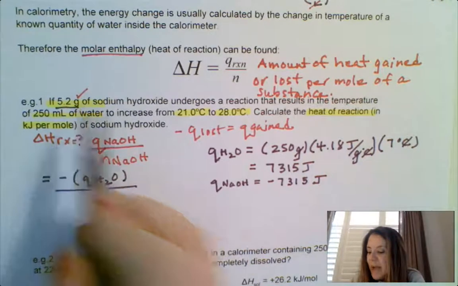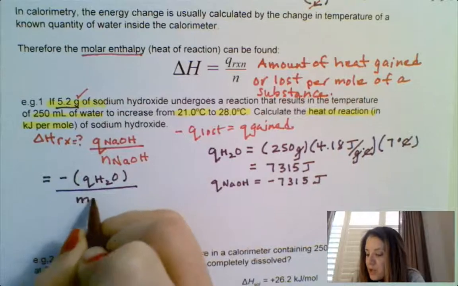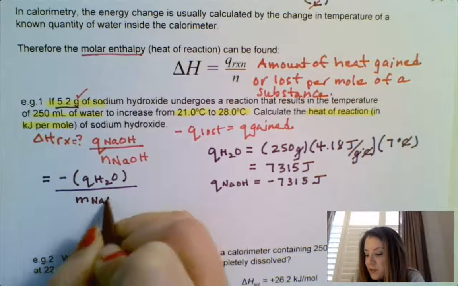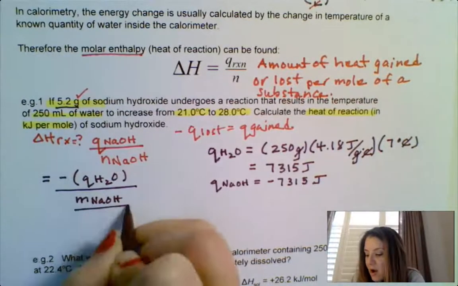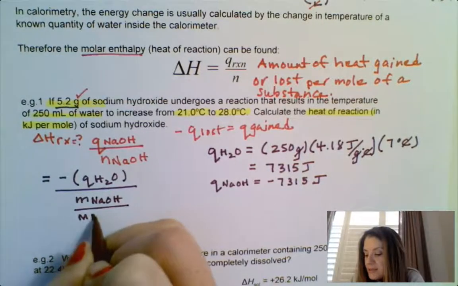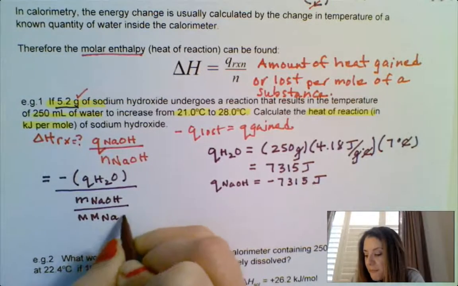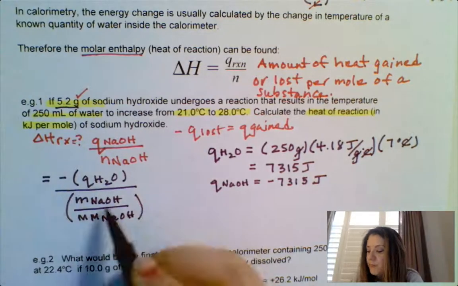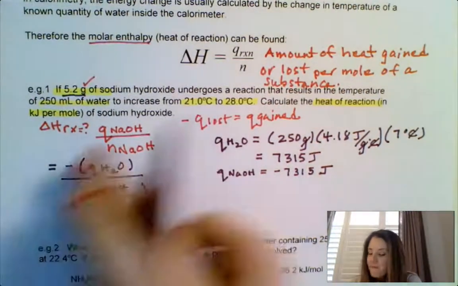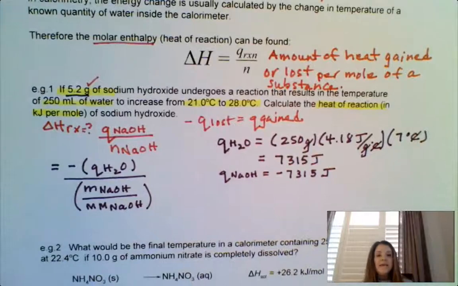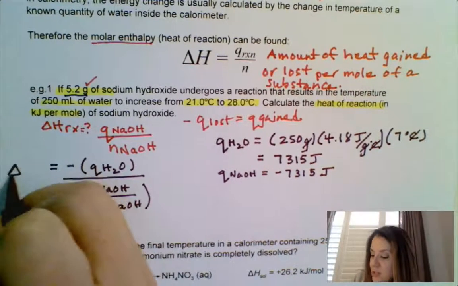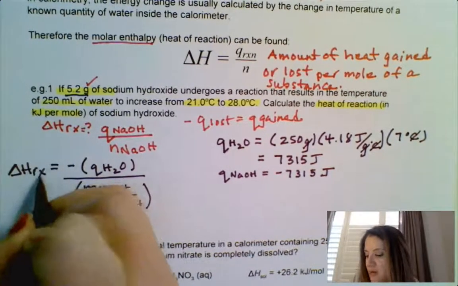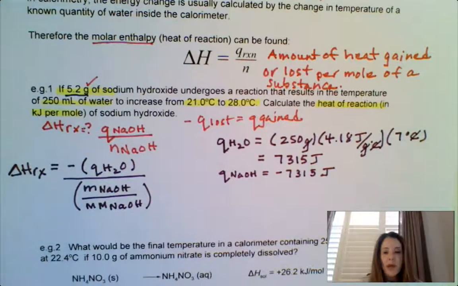Because they give you mass, you can take mass of sodium hydroxide all divided by the molar mass of sodium hydroxide. This is what the formula would look like if I was trying to show this as one formula. If not, you can certainly break it down into various steps.